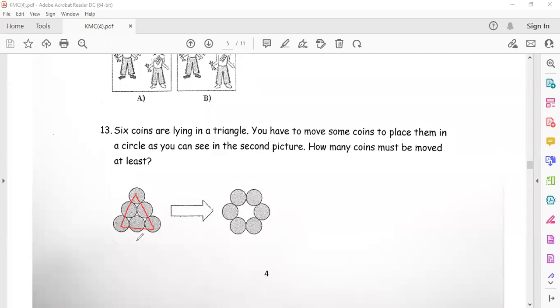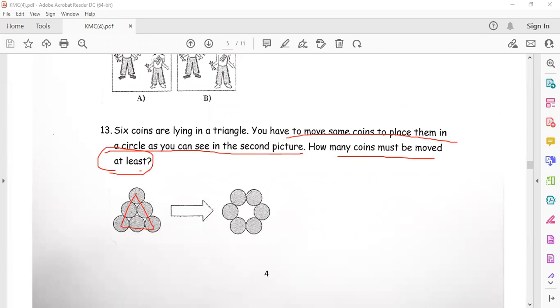So there are 6 coins here. You have to move some coins to place them in a circle, as you can see in the second picture, like this here. So how many coins must be moved? At least. At least means minimum.